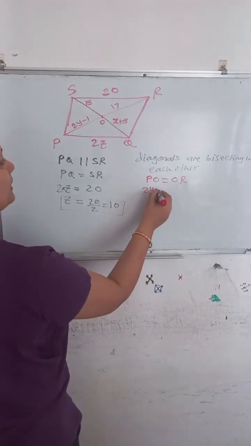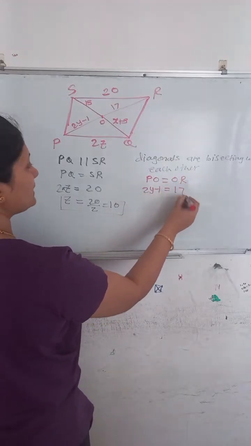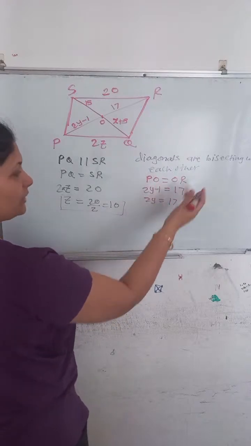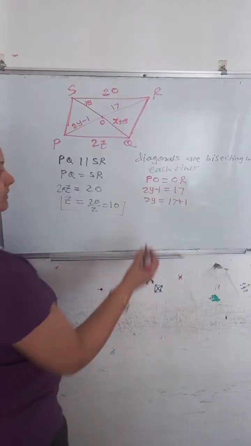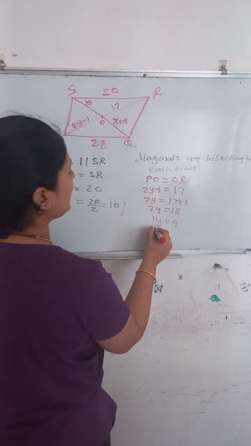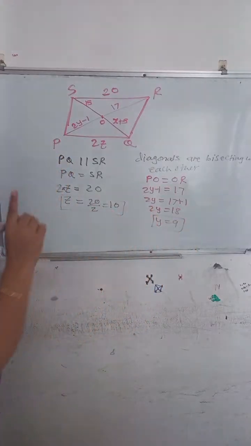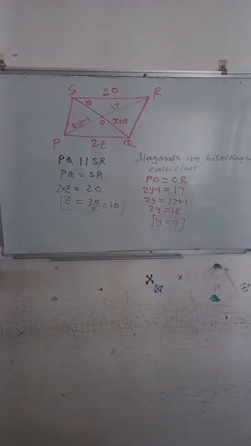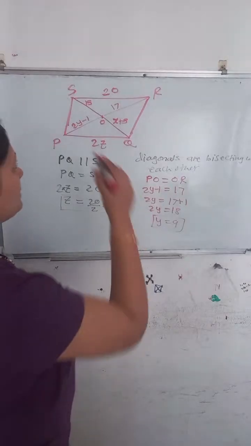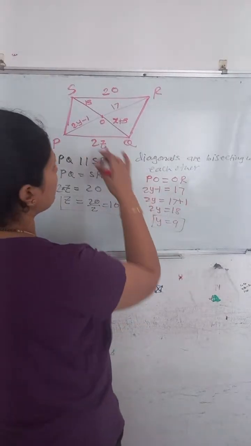So PO is 2y minus 1, which is equal to 17. So 2y is 17 plus 1, if you transpose the minus 1. So 2y is equal to 18, then y is equal to 9. Because 2 is multiplied, when we transpose to the other side it gets divided, 18 by 2 is 9, because 9 twos are 18. So y is 9.